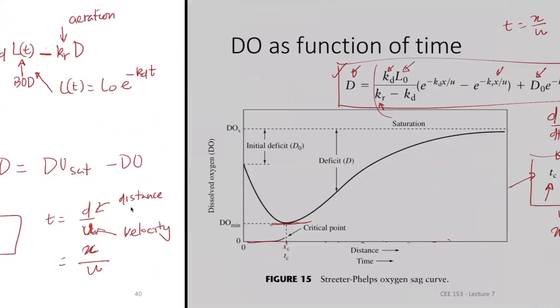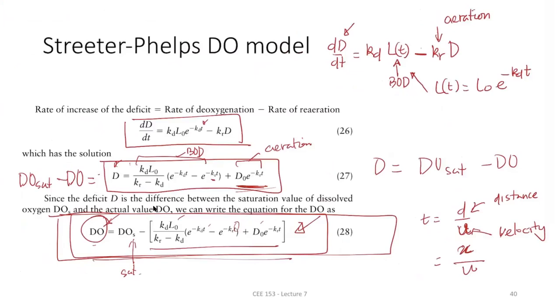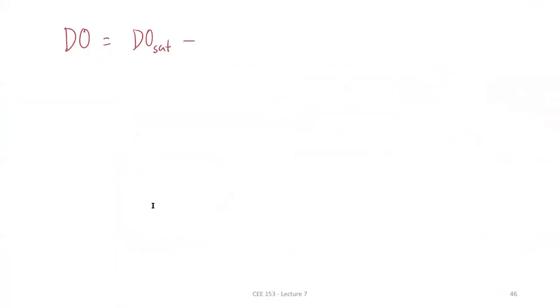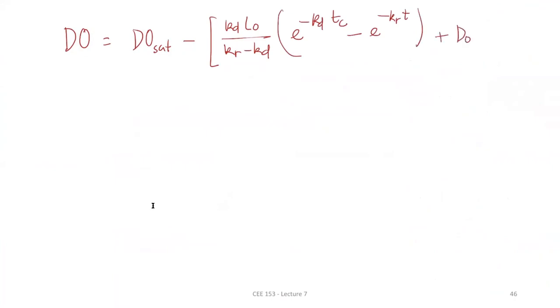Let me write the formula: KD L0 over (KR minus KD), times e to the power minus KD tc, because that's the critical location where you are calculating the DO, minus e to the power minus KR tc, plus D0.